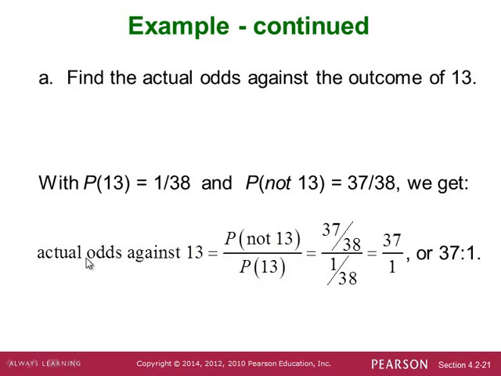So to calculate the actual odds against winning will be the probability of not winning divided by the probability of winning. And that simplifies to 37 over 1, as in the ratio of 37 to 1. So the actual odds against winning are 37 to 1, expressed as that ratio.